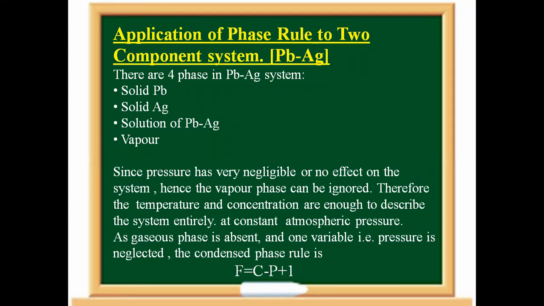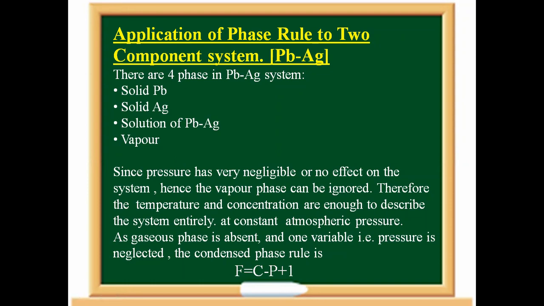Vapors: can lead be melted to that extent where it will give us lead vapors? No, it is not required, because we are using just the molten lead and molten silver to make them react and combine to give the alloy. So it does not go into the vapor phase at all, in the lead silver system or any other alloy, for example. Okay, so over here, what are the four phases still existing?